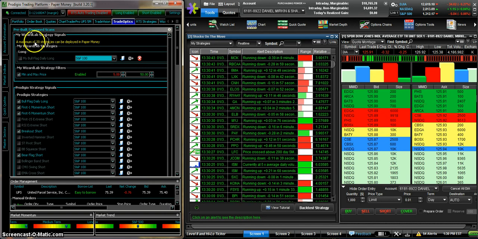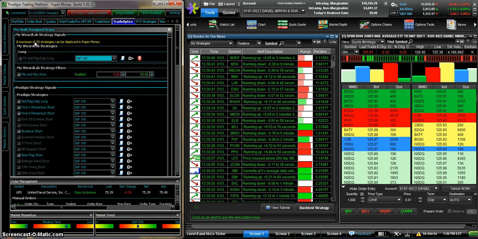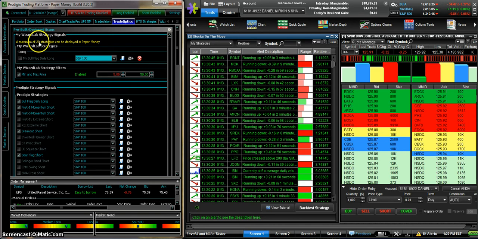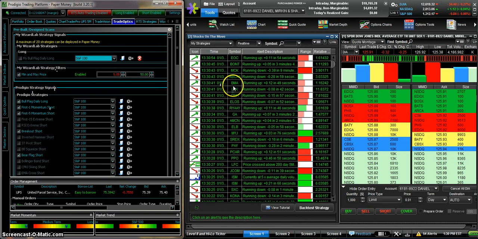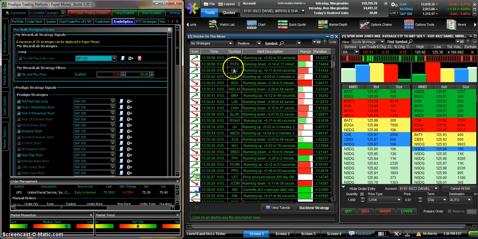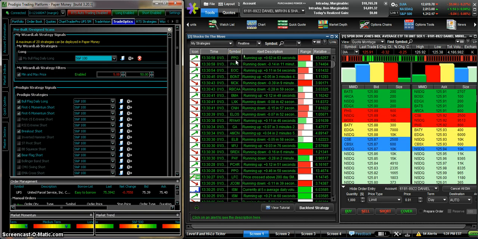Also, in this mode right now, I believe it's only available in paper trading mode. You can only select 20 strategies to be deployed. Now, the way they do their strategies is kind of similar to the way we do alerts. So in essence, it's almost like you can only select 20 alerts to some extent.